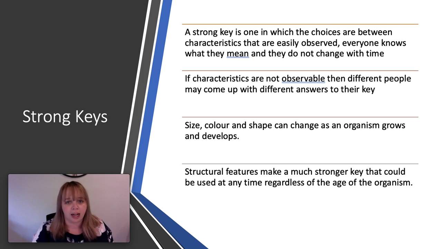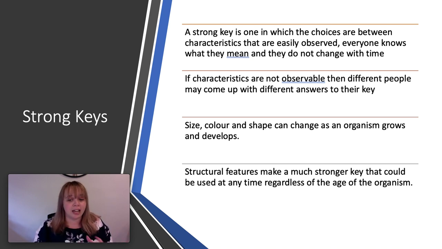So that's a good characteristic to use in our keys. If you don't use a characteristic that's observable, like height, size, colour of fur, if you're not dyeing it, then people might come up with different answers. And that's not what we want. We want everyone to be able to use a key to come up with the same answers.